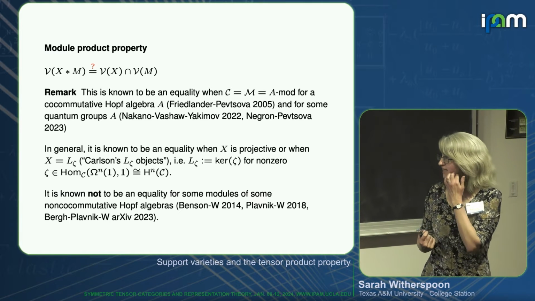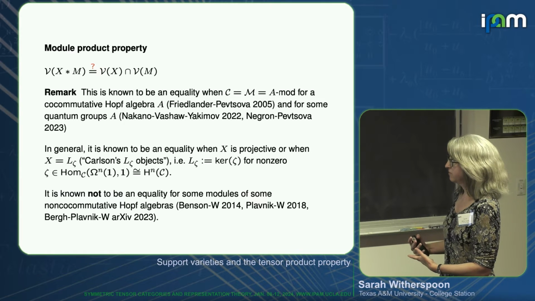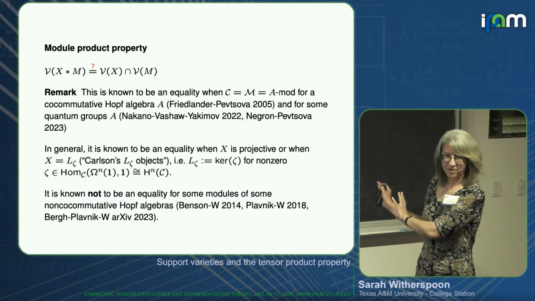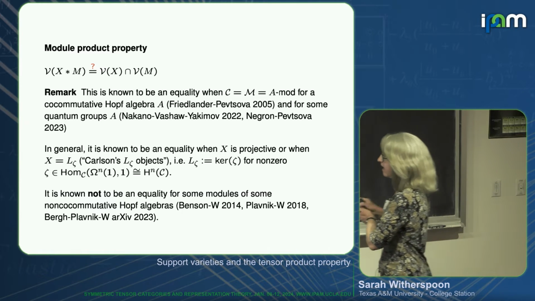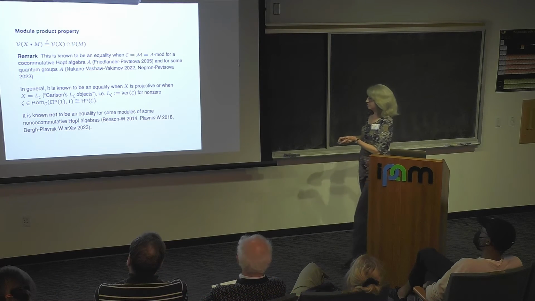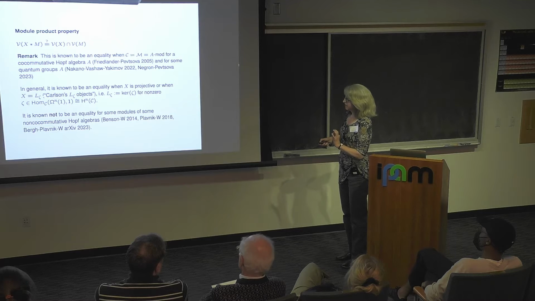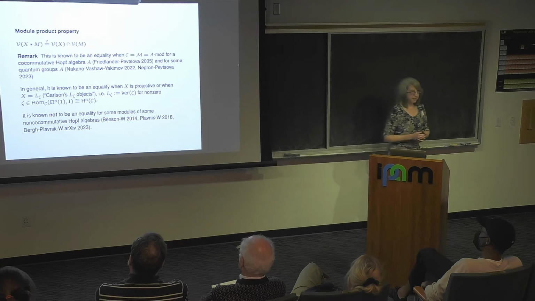That's an object in the category C, and it turns out these objects have some very important properties. I'm not going to be talking about them for the rest of my talk, but they're going to be hiding behind the scenes everywhere. So the variety of L zeta is the maximal ideals that contain that element zeta. And so these are very special types of varieties.